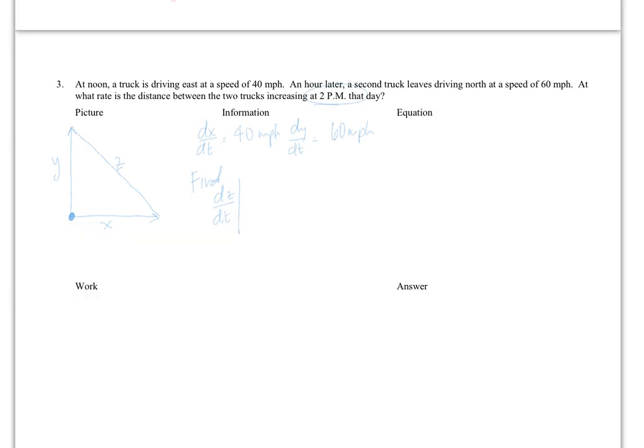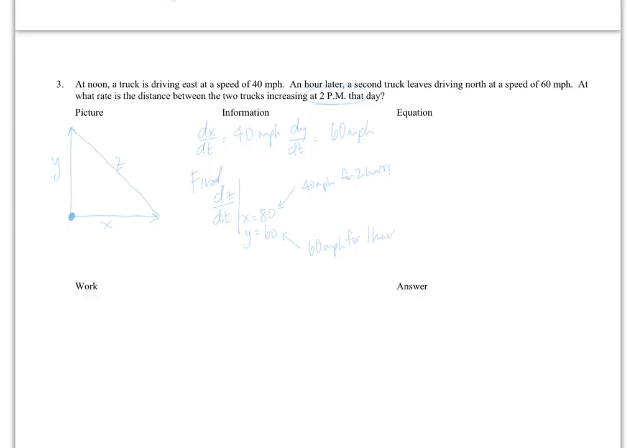Now, this part takes a little bit of thought. It's when x is 80 and when y is 60, right? And the reason is this truck has been going 40 miles per hour for 2 hours, and this truck has been going 60 miles per hour for 1 hour.